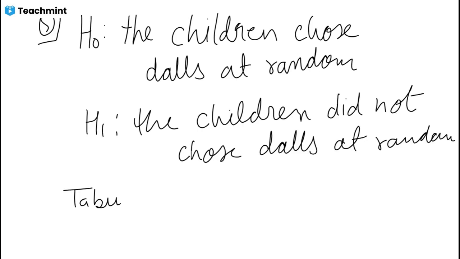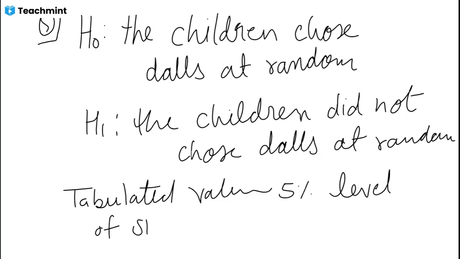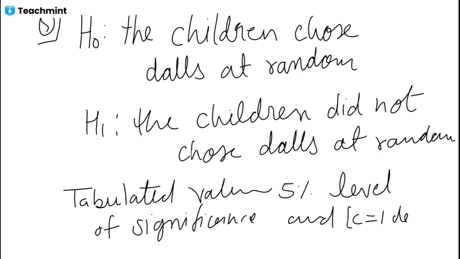Mention here the tabulated value. So at 5% level of significance and 1 degree of freedom, this is the tabulated value, and we need to calculate the chi-square value by using the given data.